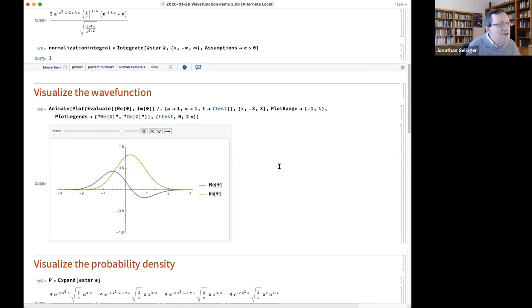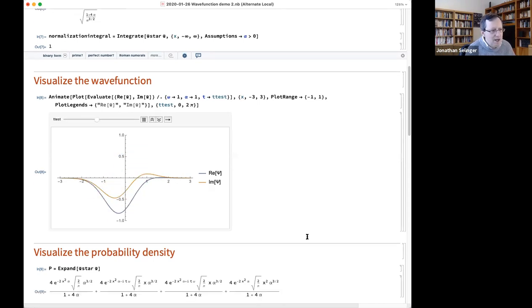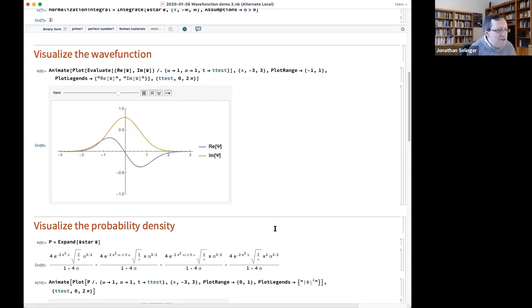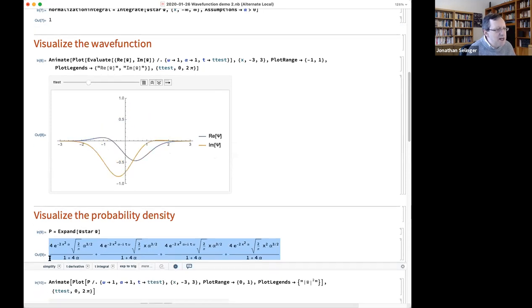Okay. So now let's find the probability density that goes with this movie. Okay. So I have psi star times psi, and we can see there's time factors in there. Okay, so there's this whole messy expression. I haven't simplified it.